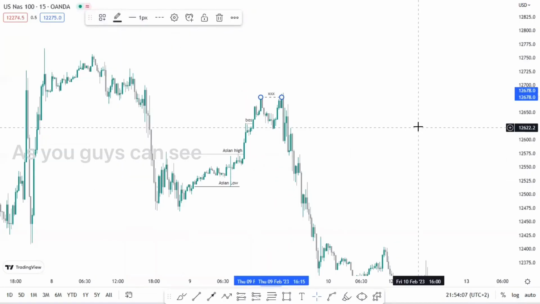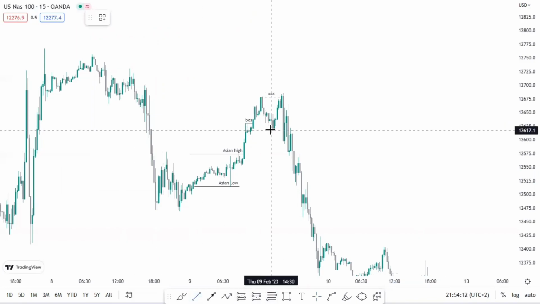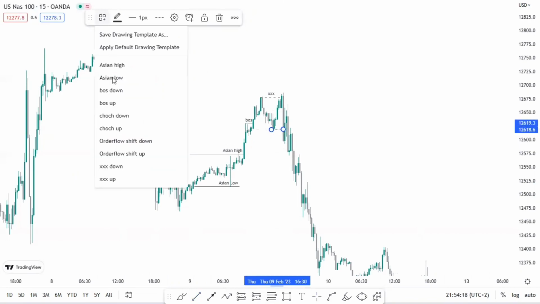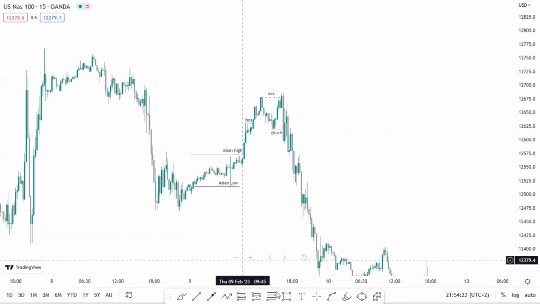This is our inducement or grab of liquidity right there. Then as soon as we see that, we just wait for a change of character, which is right there. There's our chop down. So wait for a change of character there.